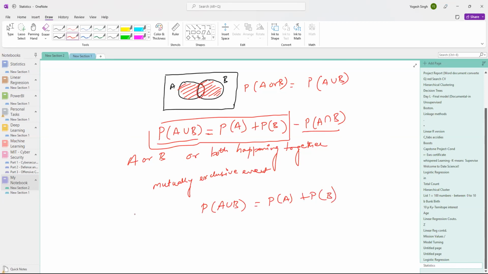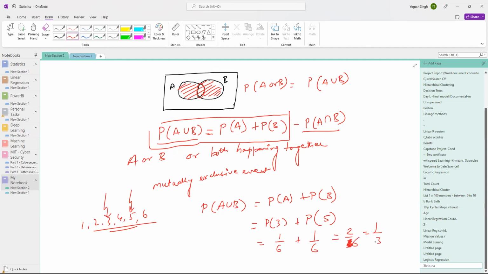So I gave you this example already, जहाँ पे हम बोल रहे हैं कि if I am rolling a die, 1, 2, 3, 4, 5, and 6, what is the probability of me getting a 3 or a probability of getting a 5? So 3 and 5 cannot occur together. So the probability of getting a 3 is 1 by 6 and of getting a 5 is 1 by 6, which is 2 by 6, which is 1 by 3. ये होता है आपका events occurring together.